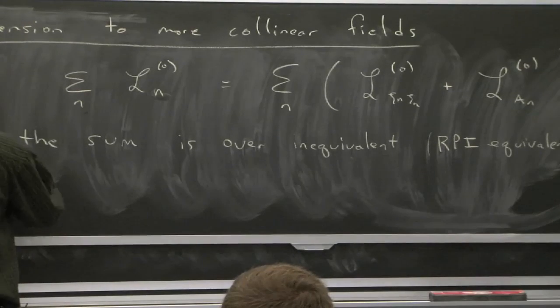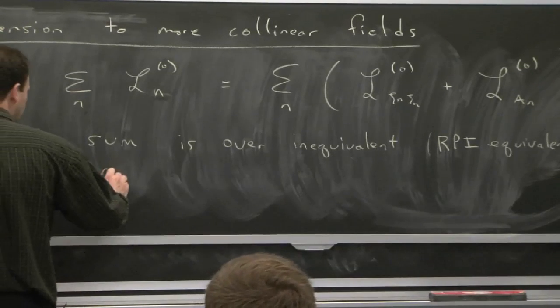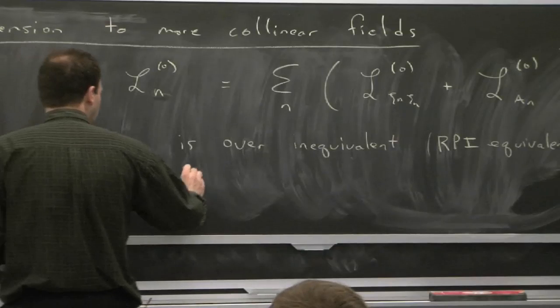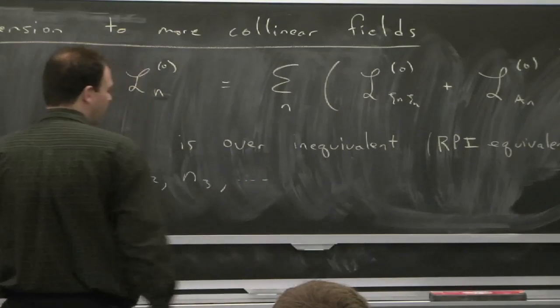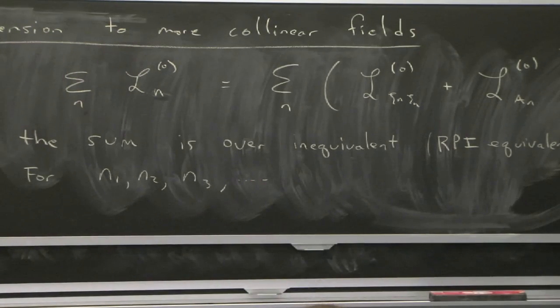So let's just imagine that we have some n's, n1, n2, n3, and we can ask the question, what makes them equivalent or inequivalent?